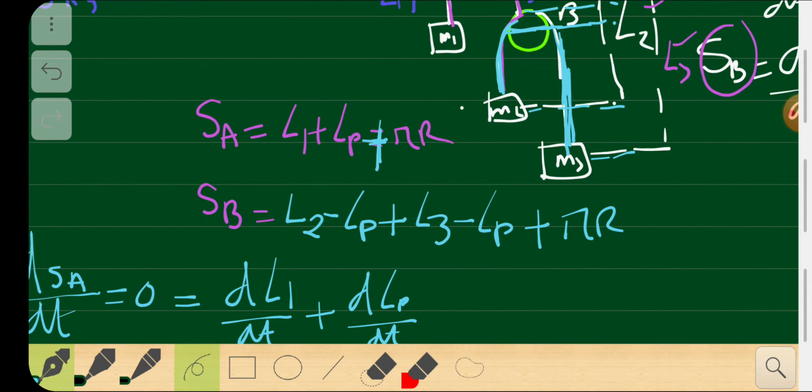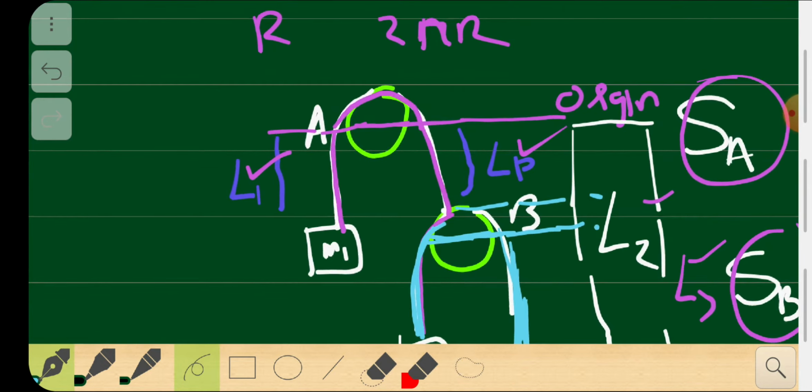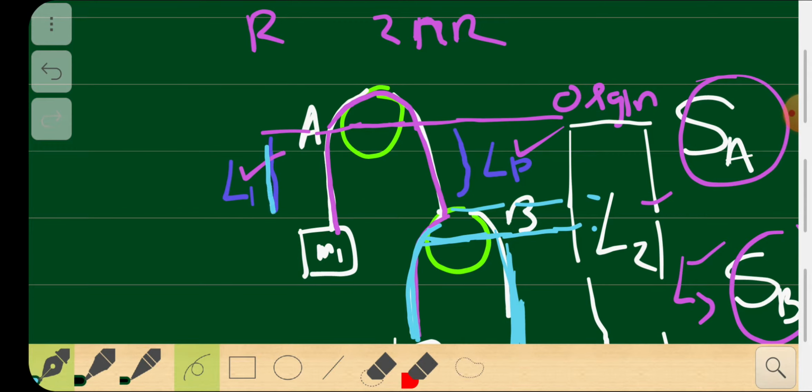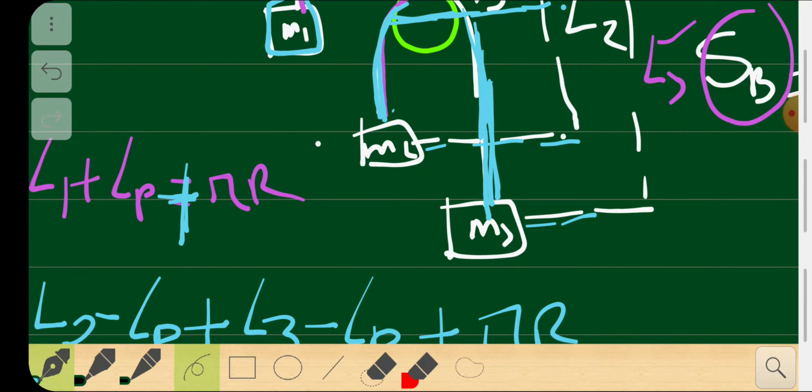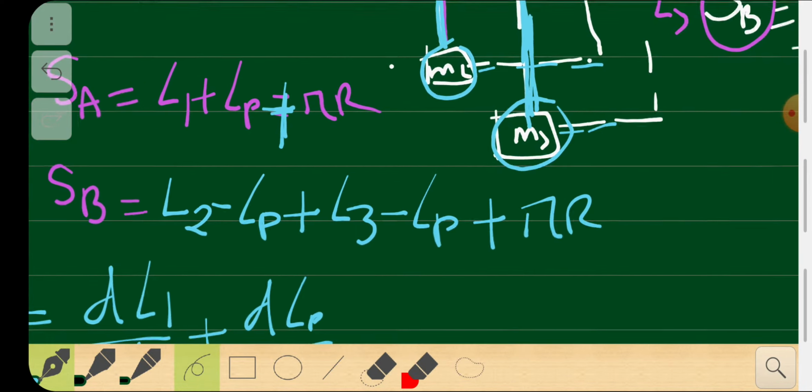So what is dL1 by dt? L1 is this length for the mass m1, so dL1 by dt is just the velocity, and its rate of change is the acceleration of mass m1. So dL2 by dt corresponds to the mass m2, and dL3 by dt to the mass m3.